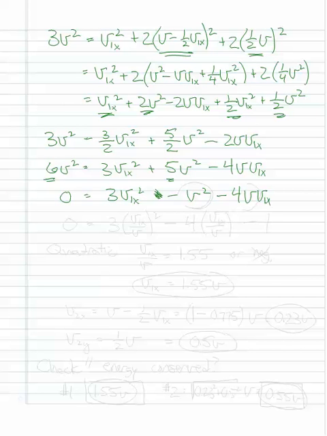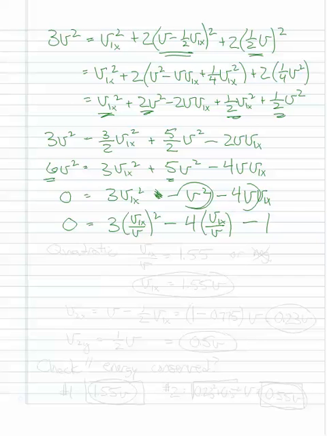So maybe this doesn't really look like a quadratic to you, but notice that I'm trying to solve for the v1x, and I'm allowed to know what the v's are. And so that means that actually I'm going to rewrite this. I'm going to divide through by v squared, and I get 3 v1x as a fraction of v squared minus 4 v1x as a fraction of v minus 1.